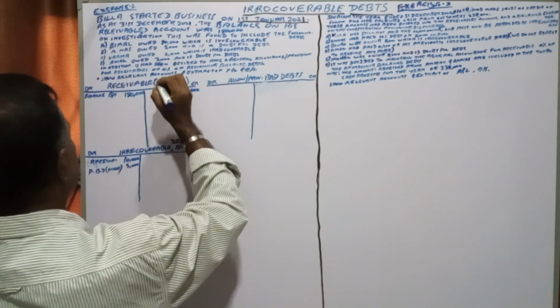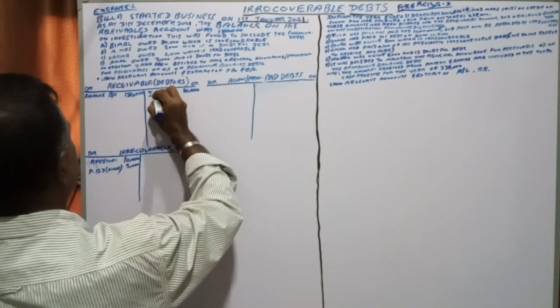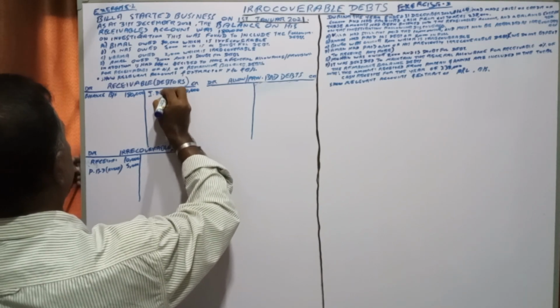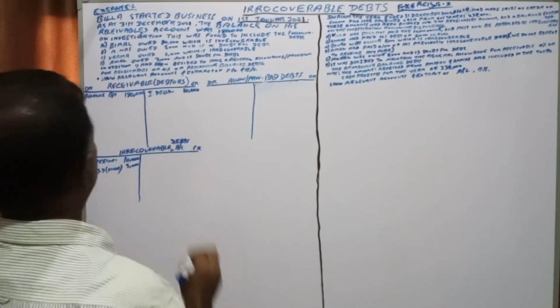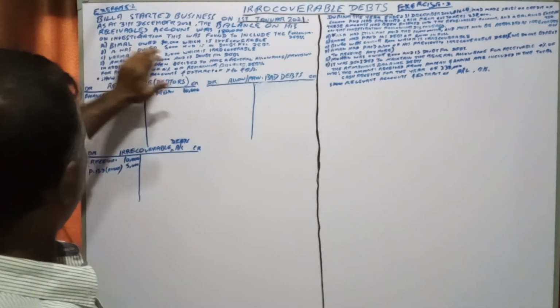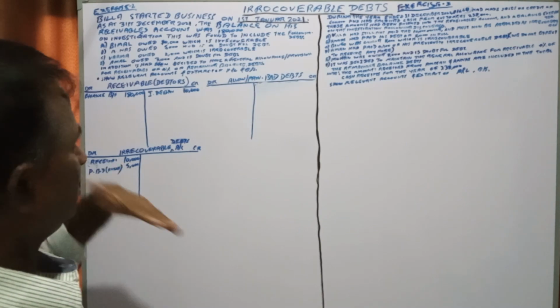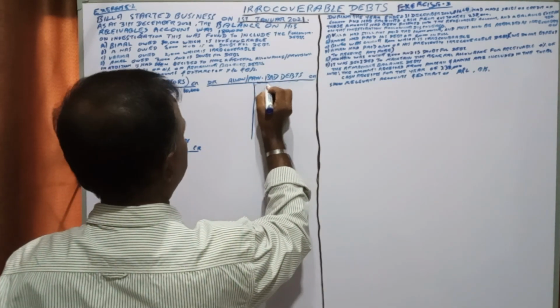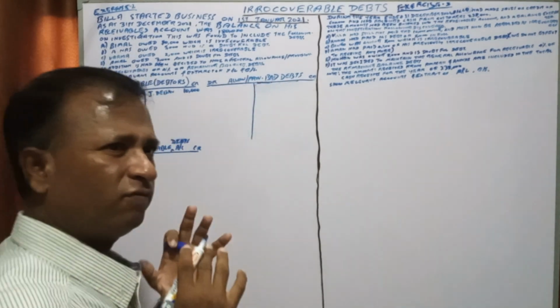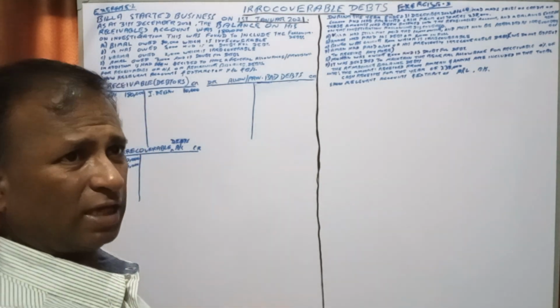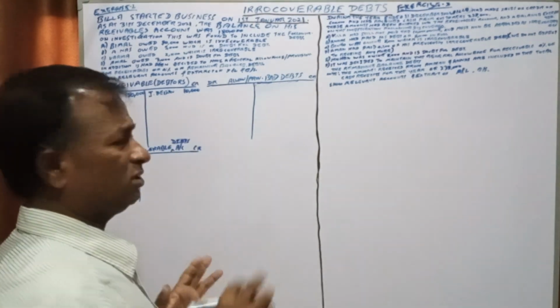Here you will say irrecoverable debtors. First, B owed 10,000, which is irrecoverable, meaning we cannot recover that 10,000. It is not a doubt.